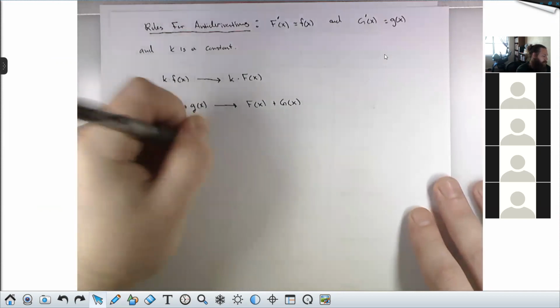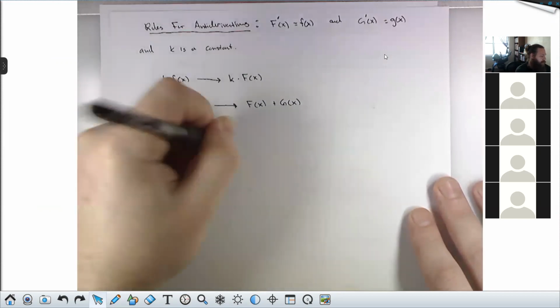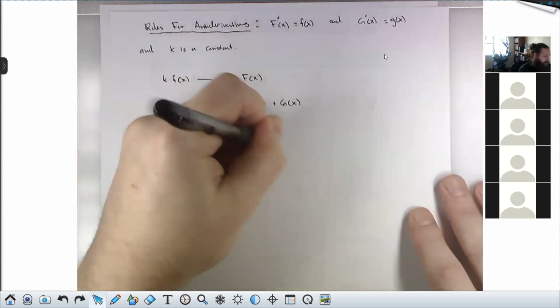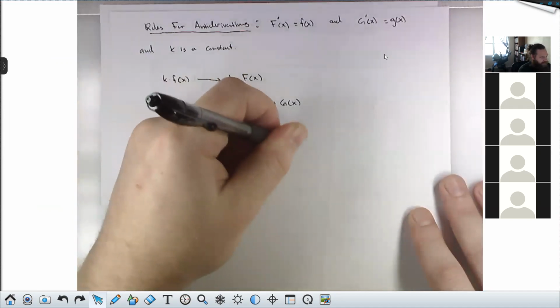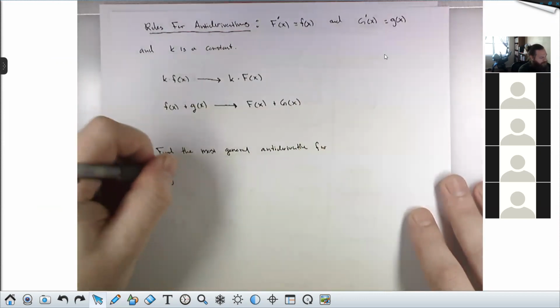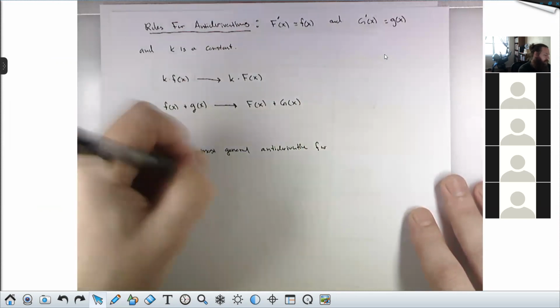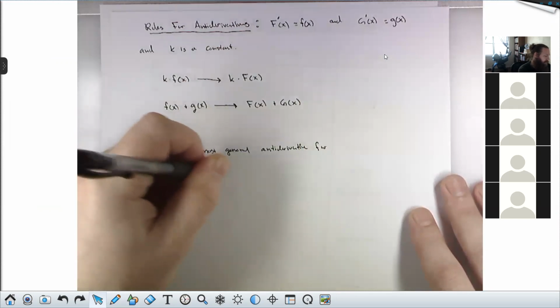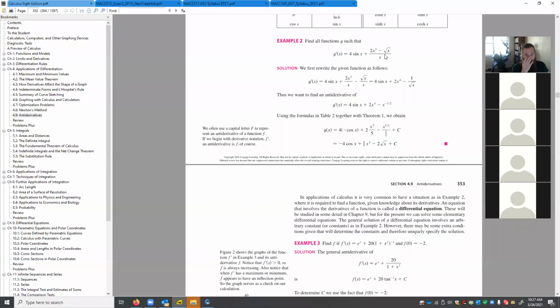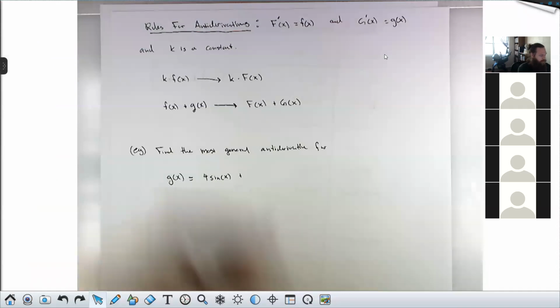So we'll say find the most general antiderivative for g of x equals 4 sine x plus, what is it, 2x to the 5 minus root x over x.